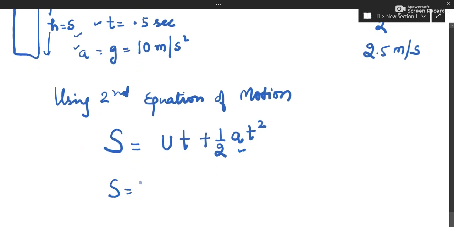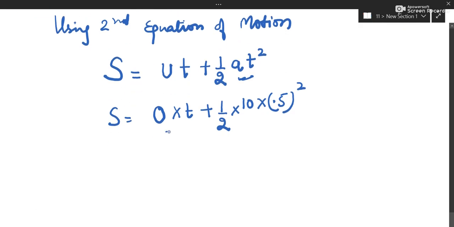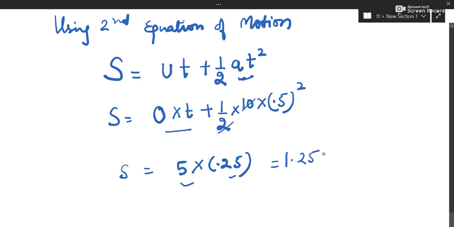So all of you get used to it. 0 into t is 0. A is 10, time is 0.5 square. So it is 5 into 0.25. So it is 1.25 meters.